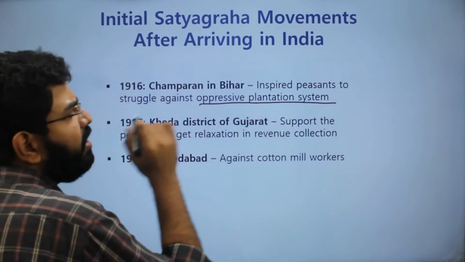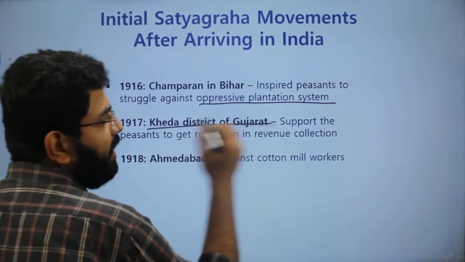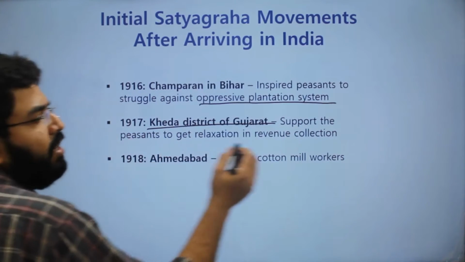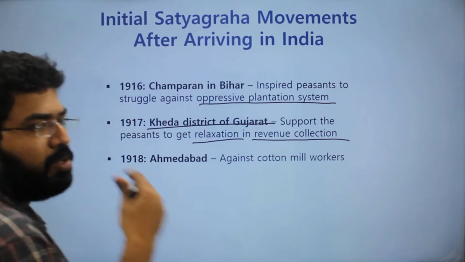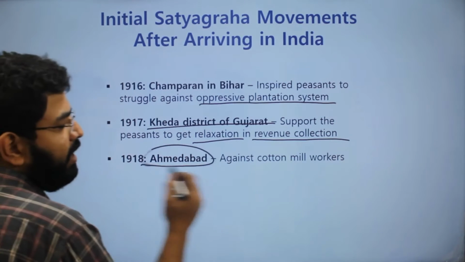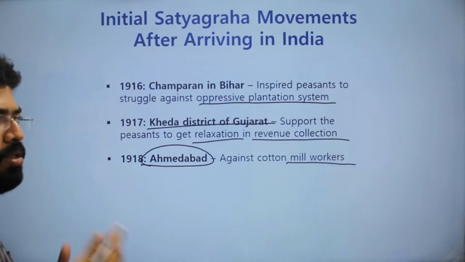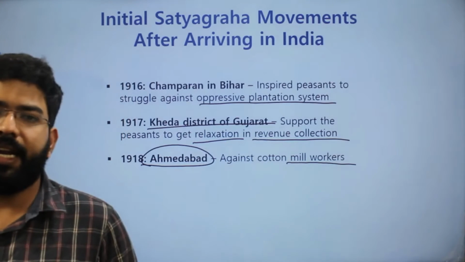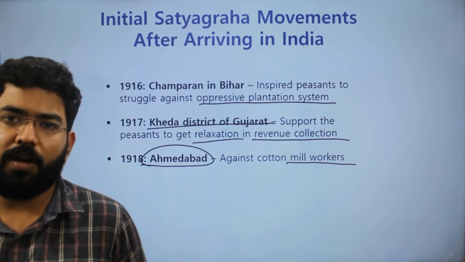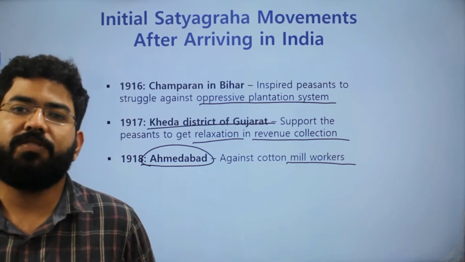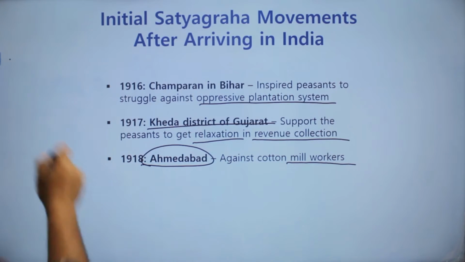Then it also worked in Kheda district of Gujarat, where the peasants got relaxation in revenue collection. Then in Ahmedabad, for the mill workers, it also worked. These 3 satyagrahas created a lot of buzz around the country about this new person on the block, Gandhi, who had brought great success without any violence.